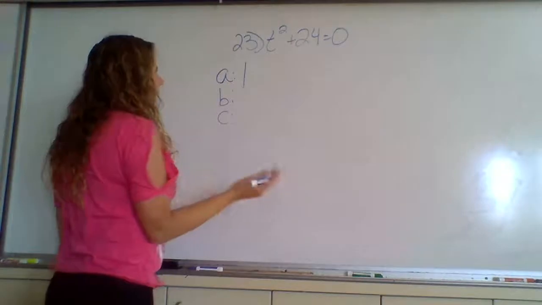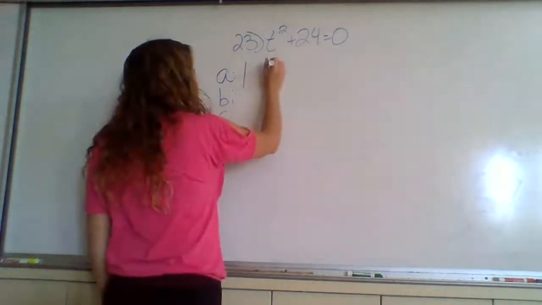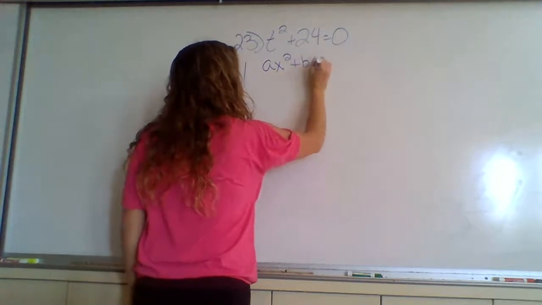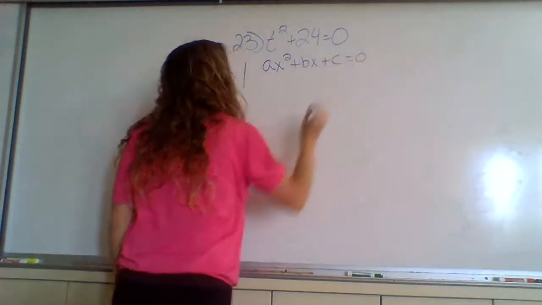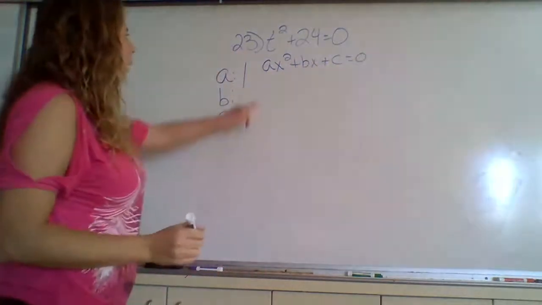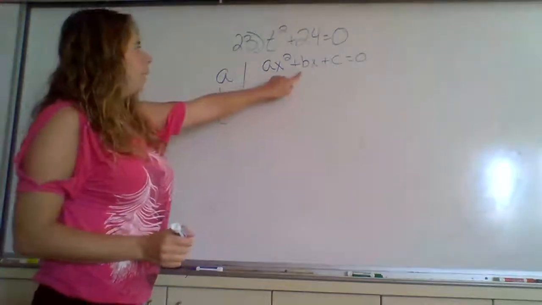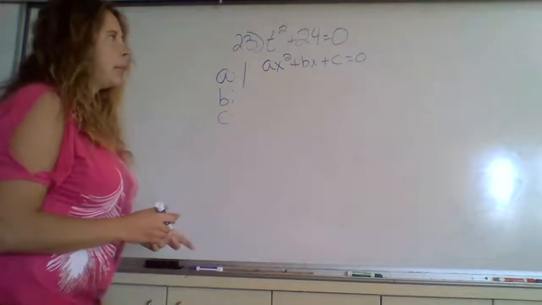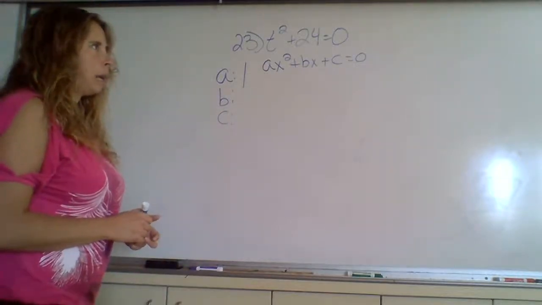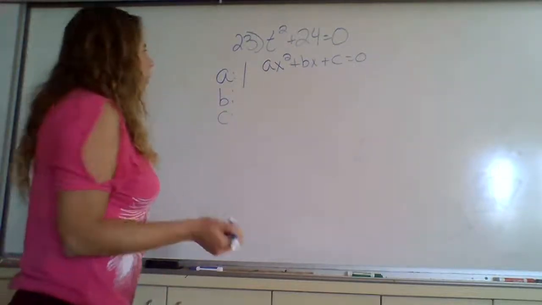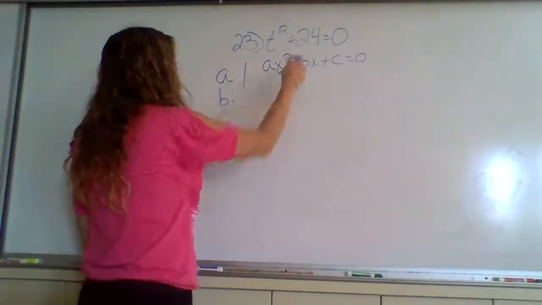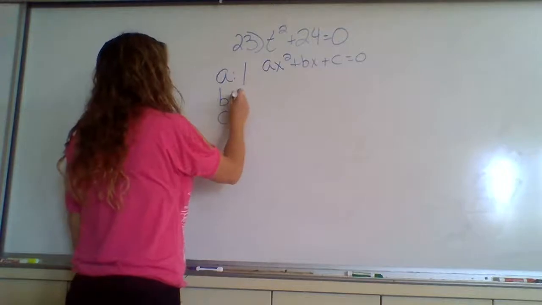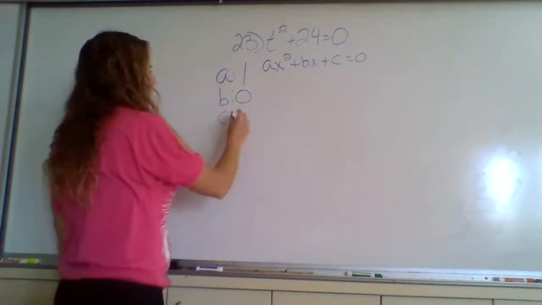We're looking for ax squared plus bx plus c equals 0. B: there's no term with just an x. We talked about this yesterday, I think. So b is 0, and then c is 24.